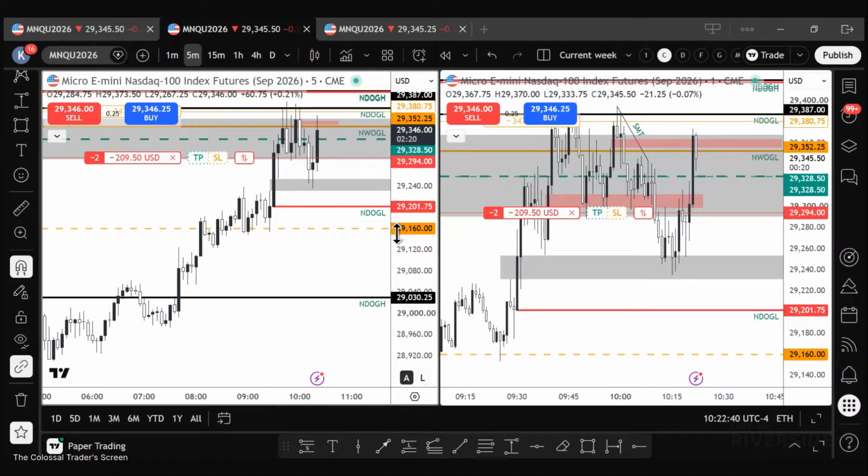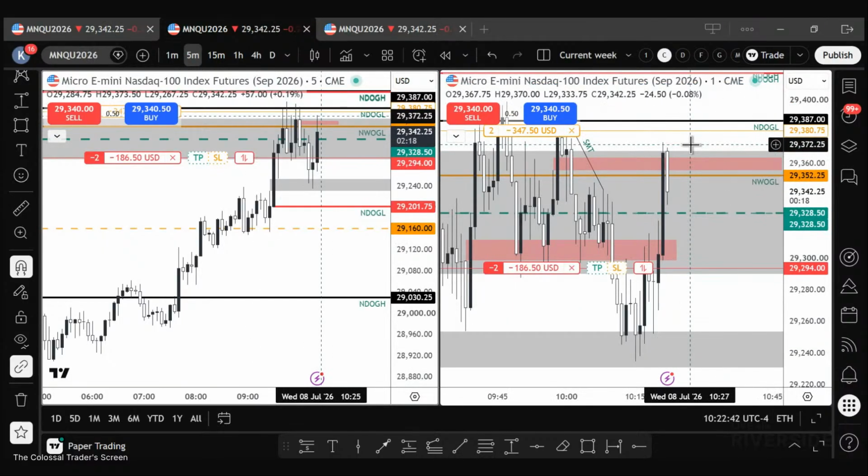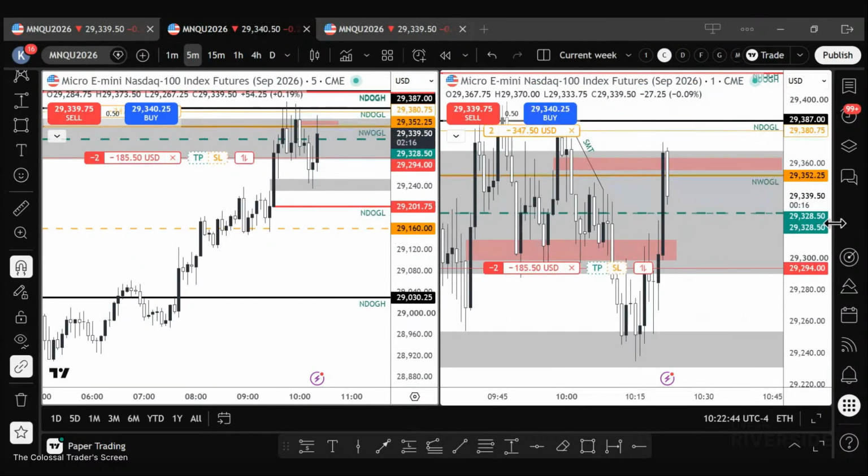It needs to be an immediate rejection of this level. If you don't get immediate rejection, then this is problematic. Yeah, that's not good. They're gonna run this thing higher.